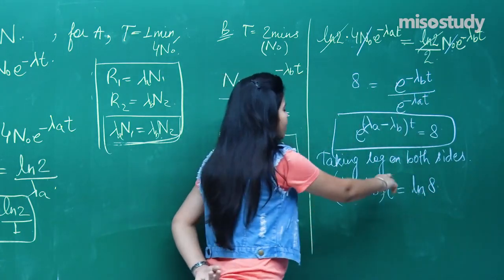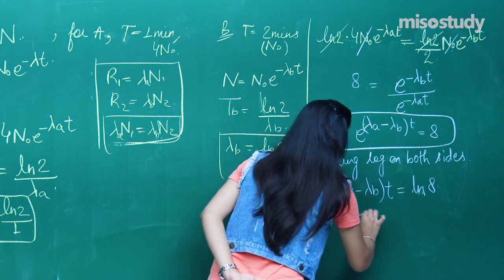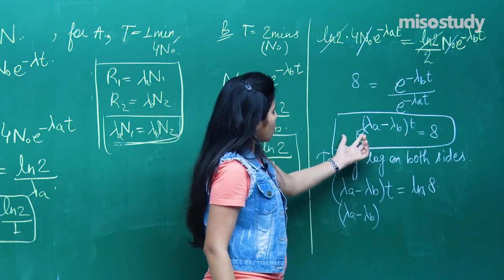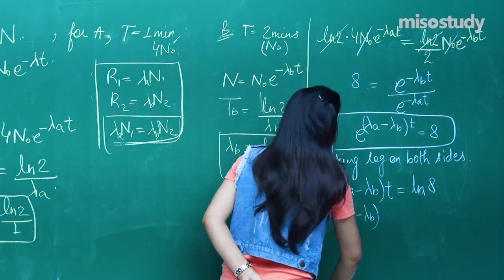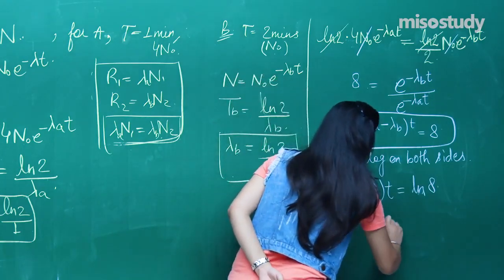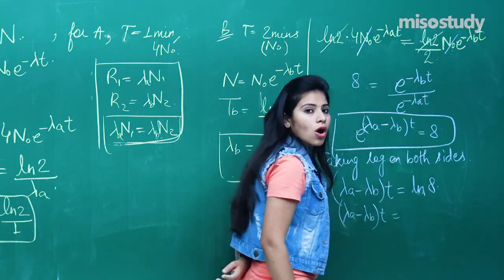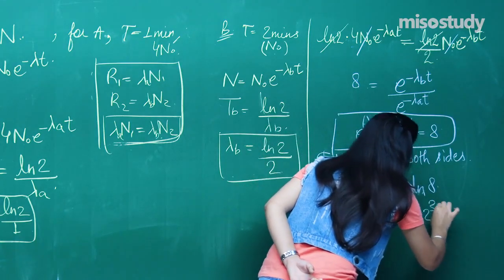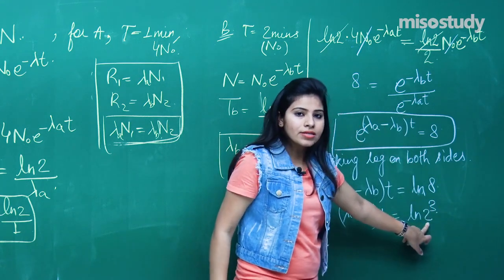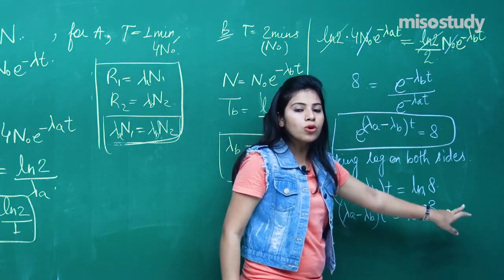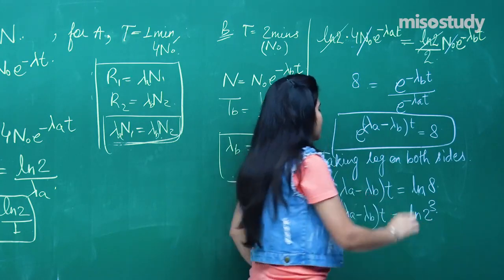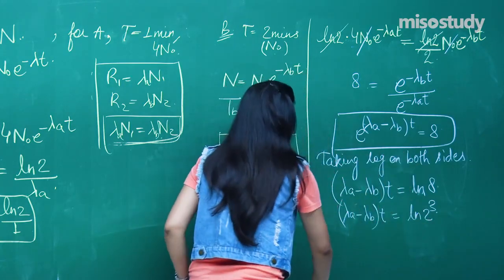Now if you are taking log of this, you can write 8 as 2 raised to the power 3, 2 cube, that is 8. So now you can represent this log as 3 log 2. Let me just write over here.